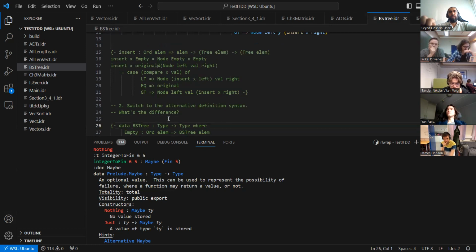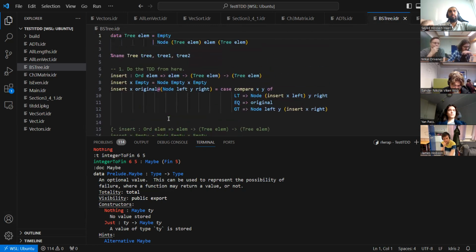Okay, so now let's try to go to the alternative syntax with trees. Niels, would you be interested in giving me the more generalized syntax for the tree data type?